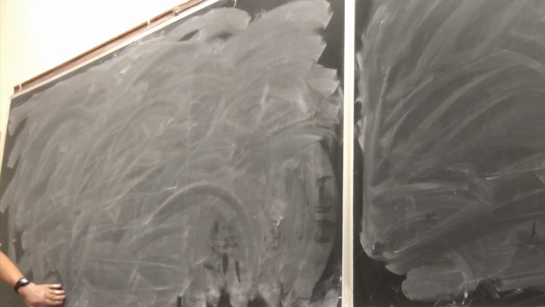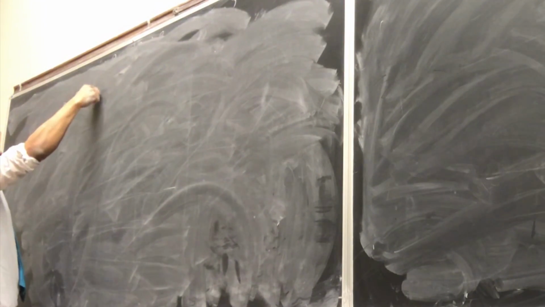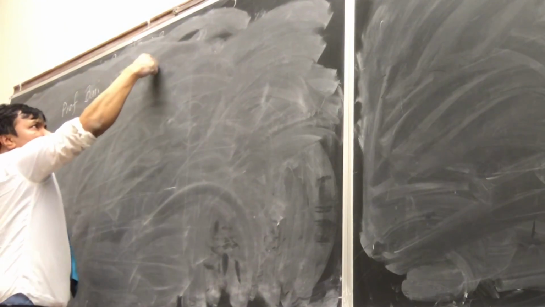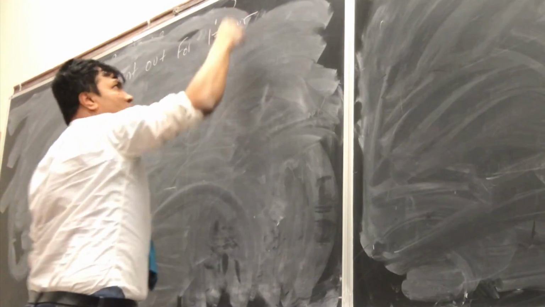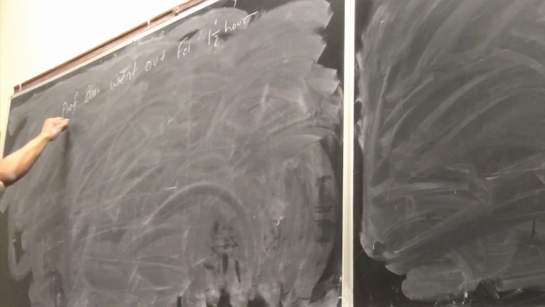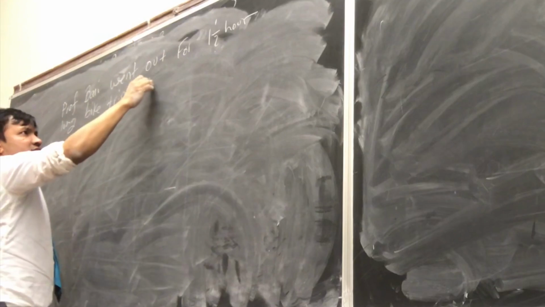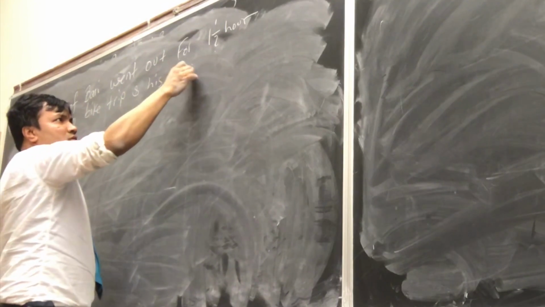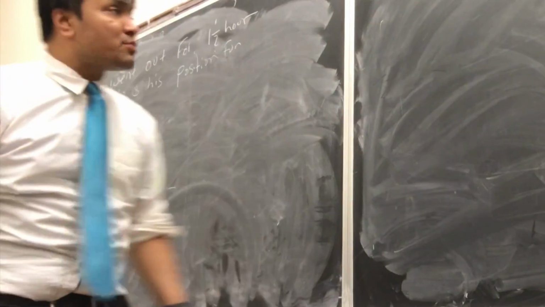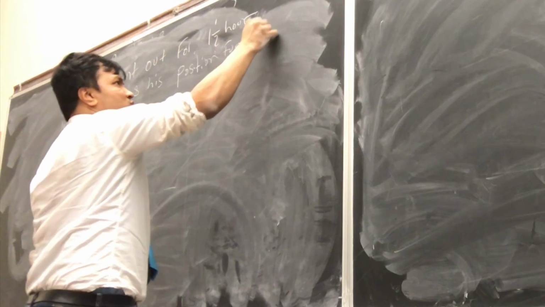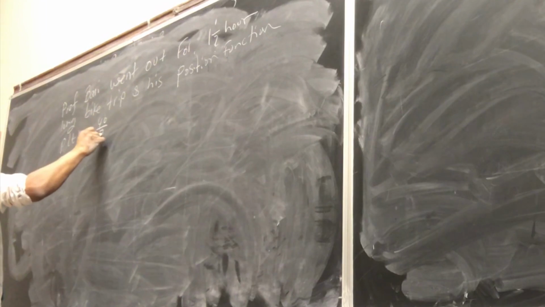Okay, so this is the problem. Write it down. Professor Bari went out for a 1.5 hour long bike trip and his position function is P of t equals 40 over 3 t squared.